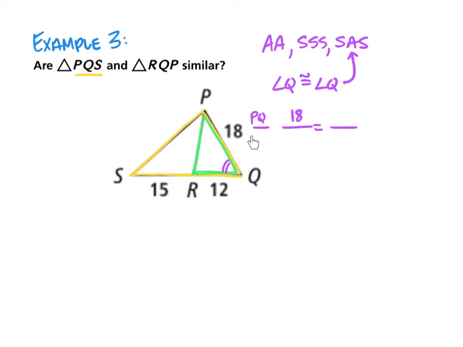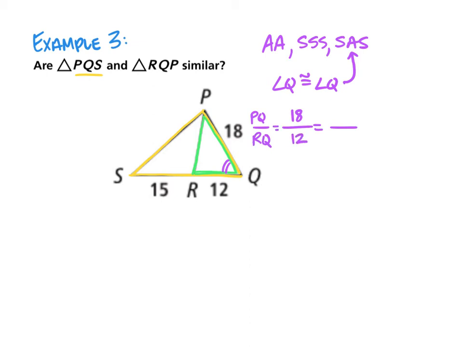Now some people want to pair up PQ with PQ, but in this case actually in the green triangle, RQ is the side that we want to pair up with PQ in the yellow triangle. And I know that again because PQ is the shorter of the two sides that I know, and RQ is the shorter of the two sides that I know on the green triangle. So I'm pairing up PQ with RQ, which is going to be 18 over 12.